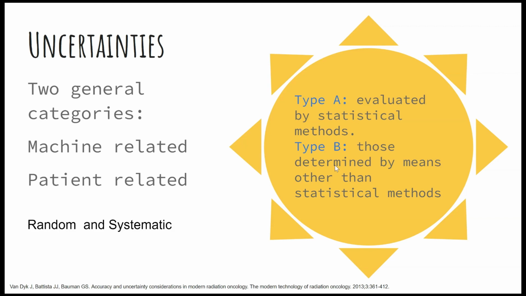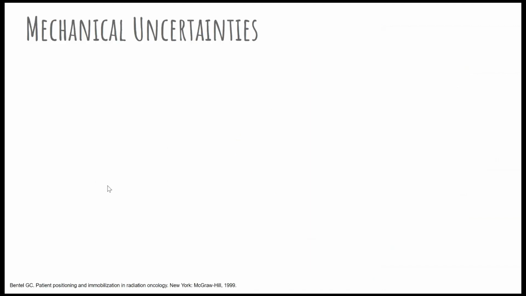Another terminology that radiation oncologists are very fond of using is random and systematic errors. Random errors are those that we have no control over, while systematic errors are those that we can actually measure, like couch sag or sag in the gantry or any incongruence.